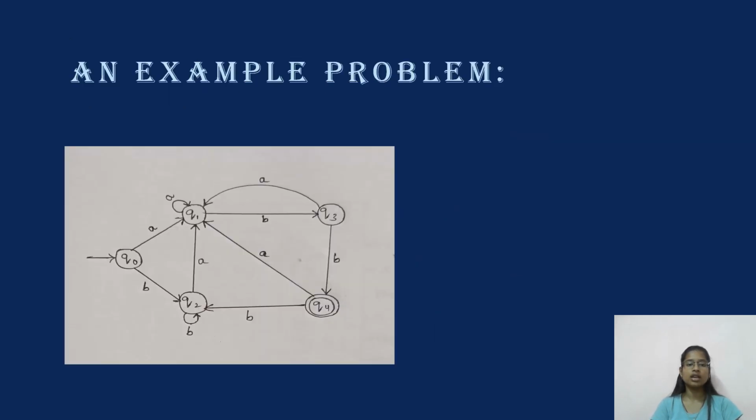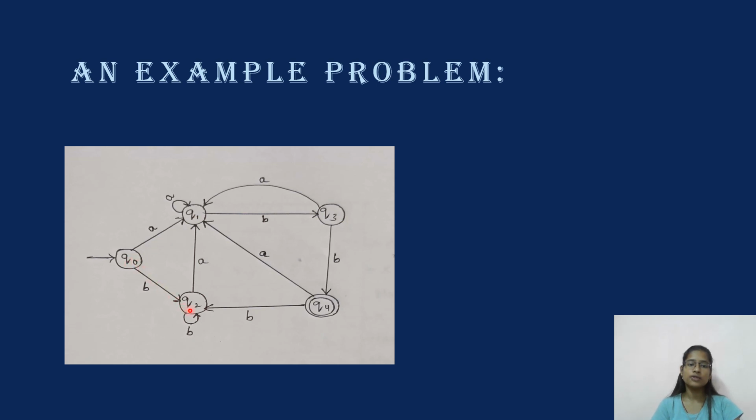Let us see this by taking a problem as an example. As you can see, Q0 on A goes to Q1, and Q1 on A goes to a self loop, and on B it goes to Q3.